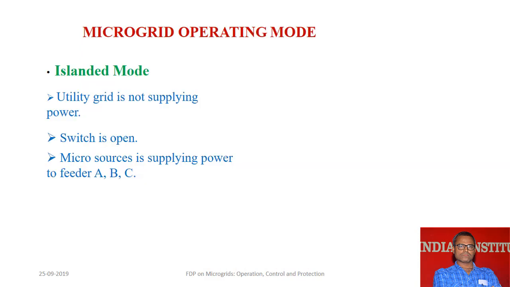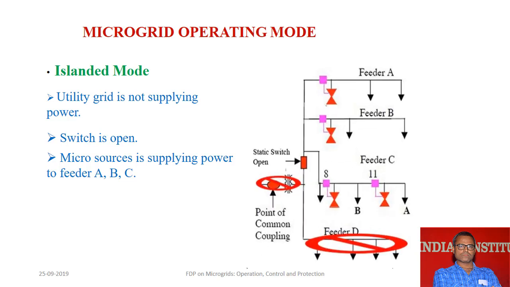Now the islanded mode of operation, where the utility grid is not supplying power. The switch is open, and micro sources are supplying power to the feeders, like we can see here. The switch is open at the point of PCC, and this is also open because there is no power flow from microgrid to the grid, and this is the feeder which is now off because no power is being fed to it, right?